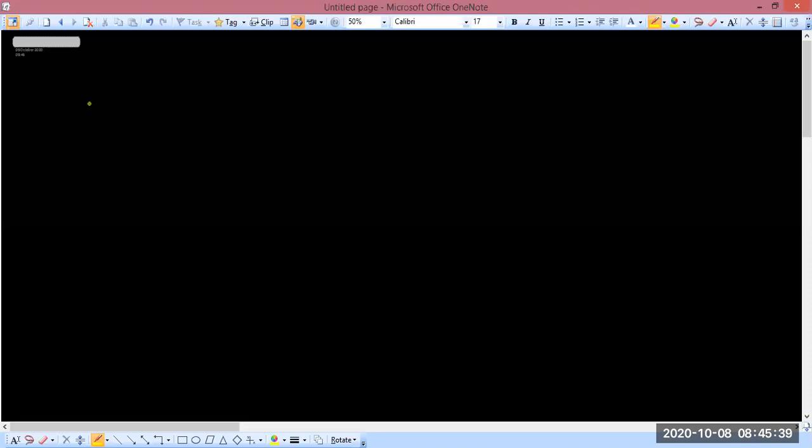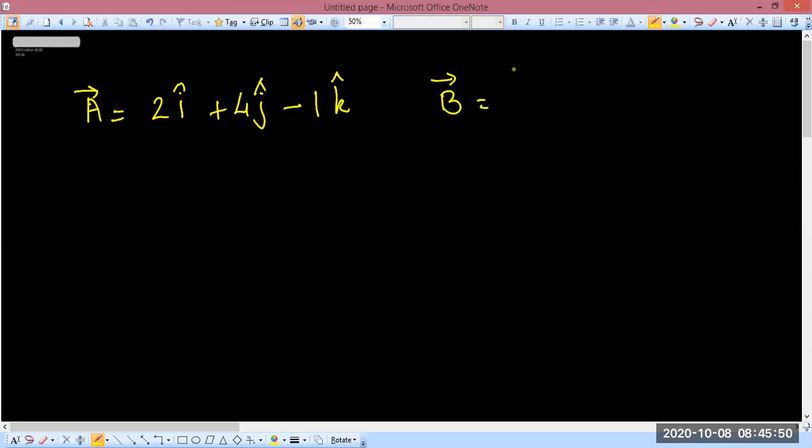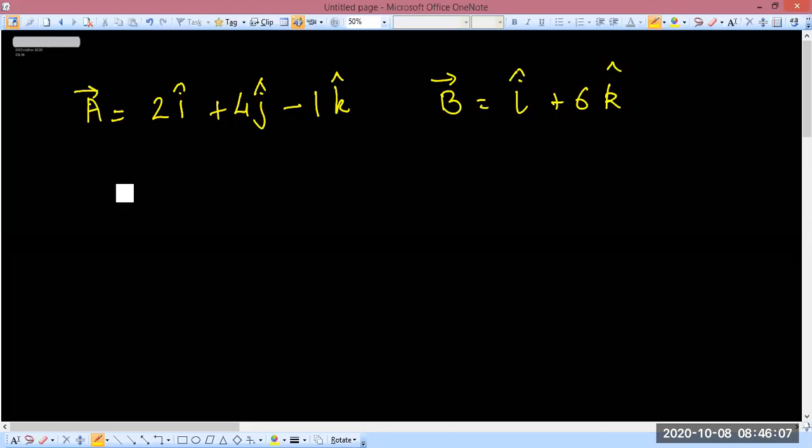Okay, fine. So try this simple question. Suppose A vector is 2i caret plus 4j caret minus 1k caret, and B vector is i caret plus 6k caret. Then I want you to find the magnitude.